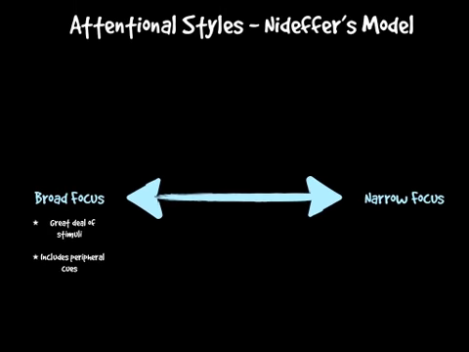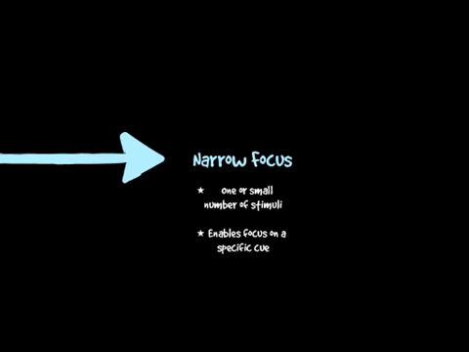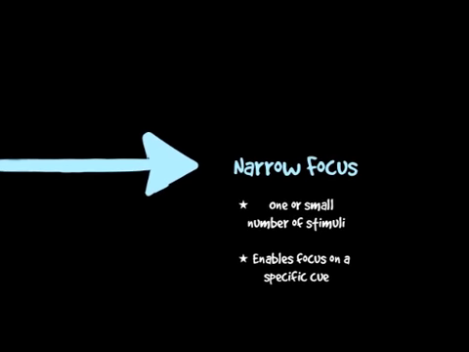On the opposite end of the spectrum is narrow focus, and that implies the reverse of broad focus, in that you think about one, two, or a small number of stimuli, so you're thinking about specific things to focus in on. As it says there, it enables focus on a specific cue.